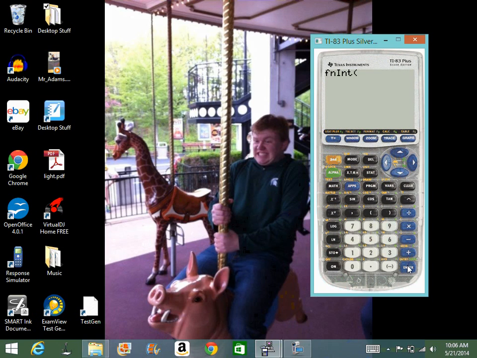Just like before, we have to enter in the function, which is 1 divided by x, comma. Except now it's a little different when we enter it in. We want to evaluate which variable, x, and the lower limit of 1, comma, the upper limit 4, and that's pretty much all the information that we need.